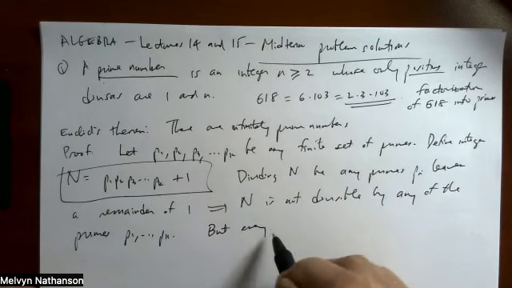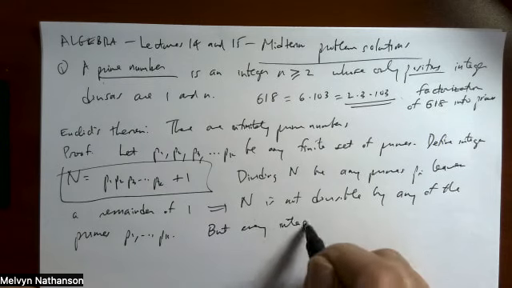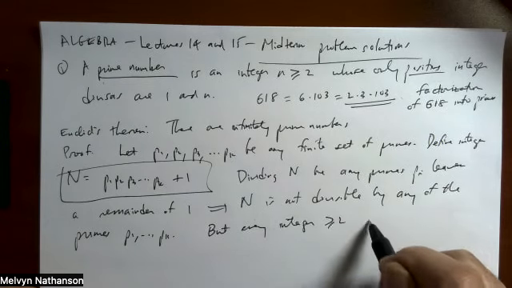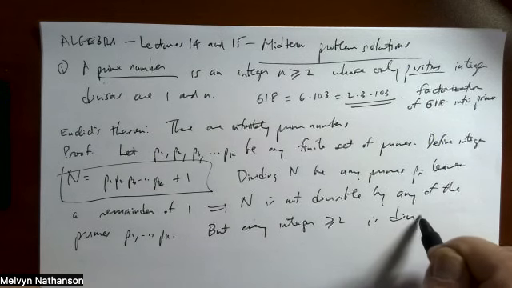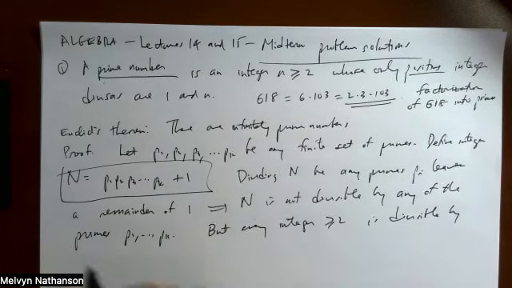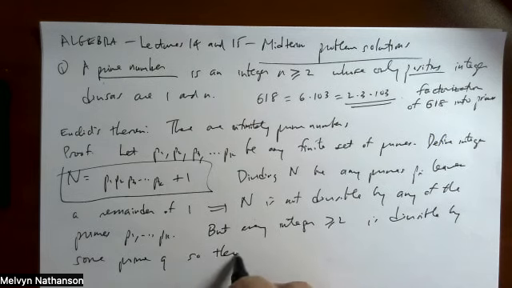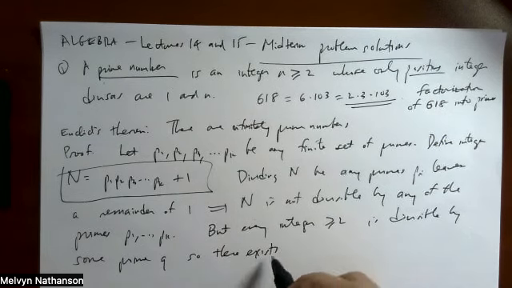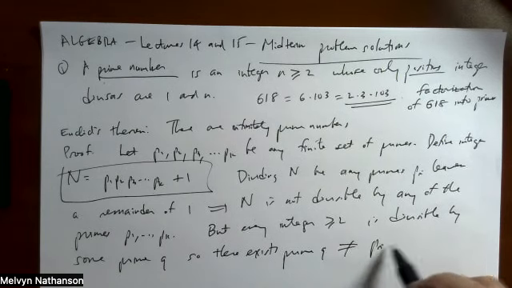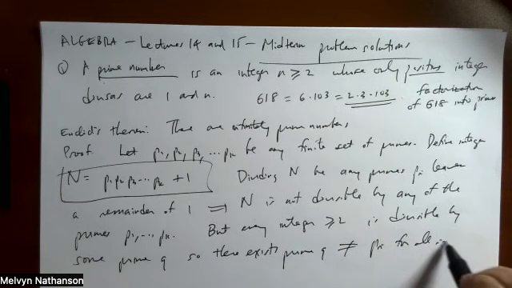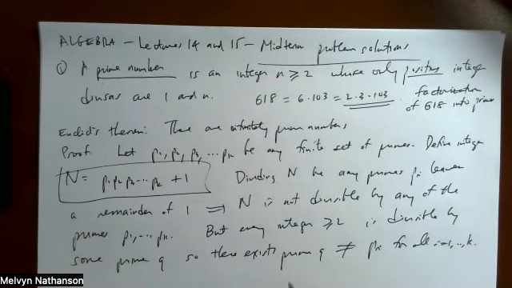But every integer greater than or equal to 2 is either a prime or a product of primes, so it is divisible by some prime q. So there exists a prime q different from P sub i for all i going from 1 up to k, for all of these k primes.